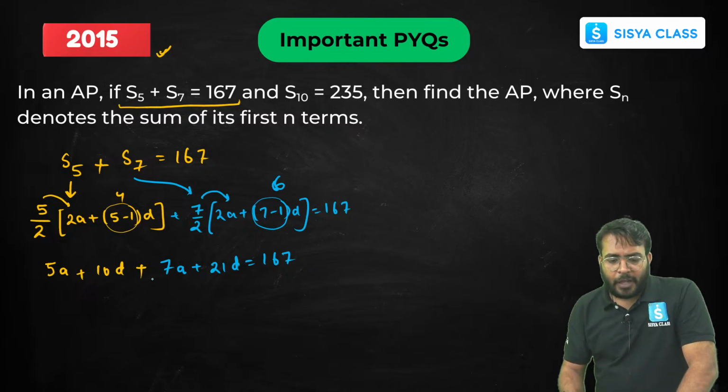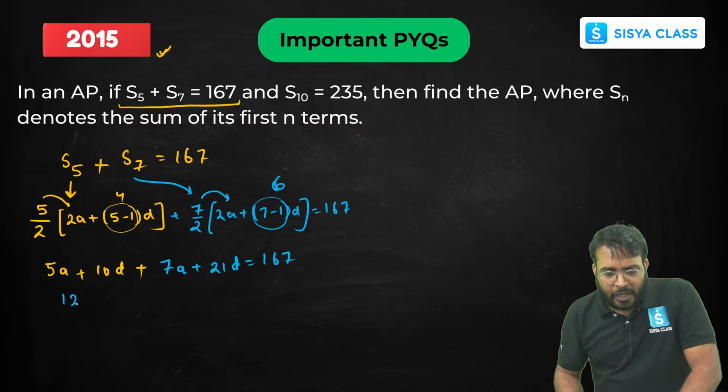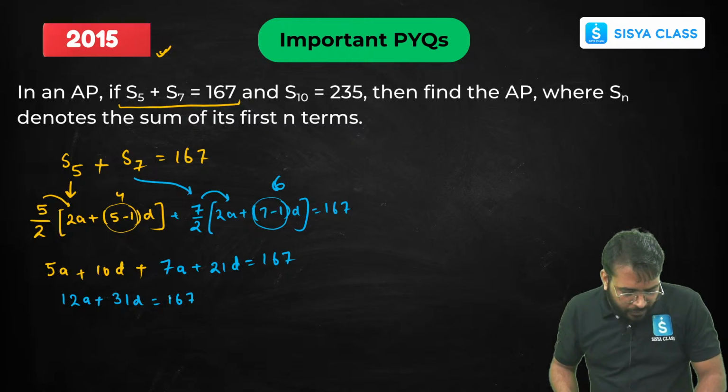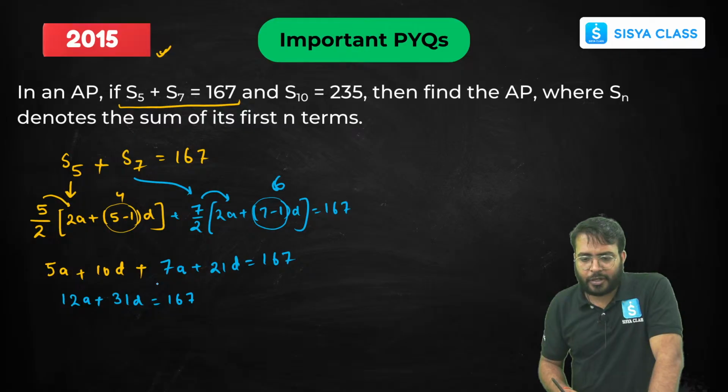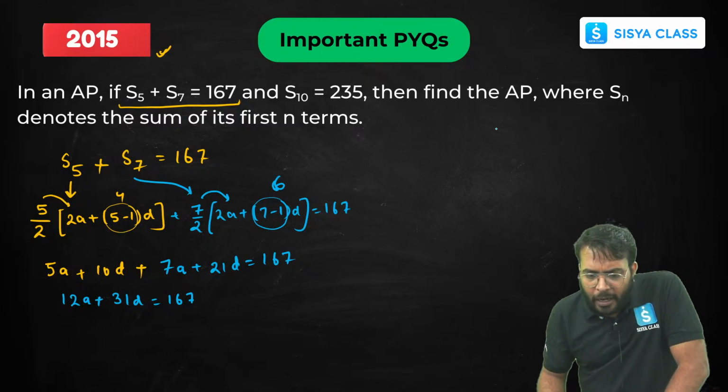So 5a plus 7a is going to be 12a, and 10d plus 21d is 31d, equal to 167.